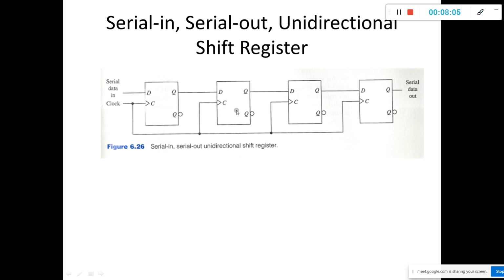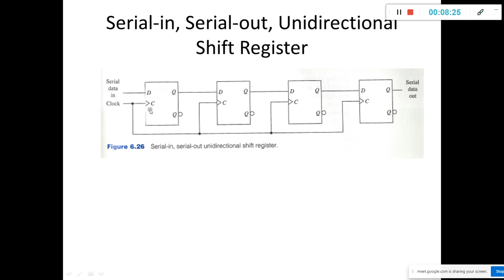The content of the leftmost flip-flop after the clock signal depends upon the signal value on the serial data in line. Where is serial data in? Here. The content of this flip-flop depends on the serial data in.